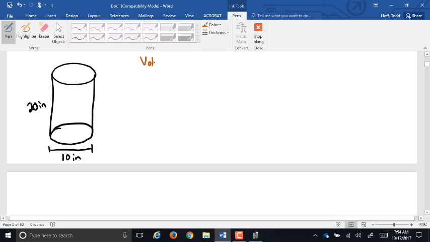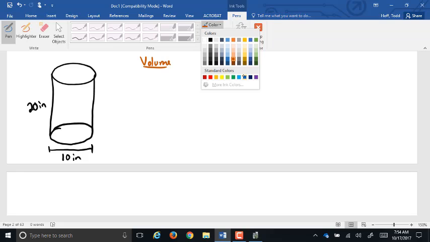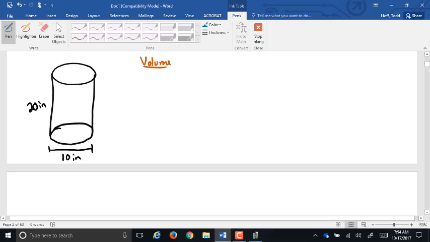Let's do the volume first, just to review. First step in finding the volume is what? Area of the base. Same as the first step in finding the surface area. So we've got a 5-inch radius, so it's pi times 5 squared is 78.5 square inches.